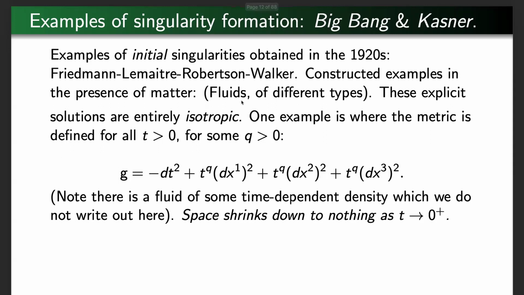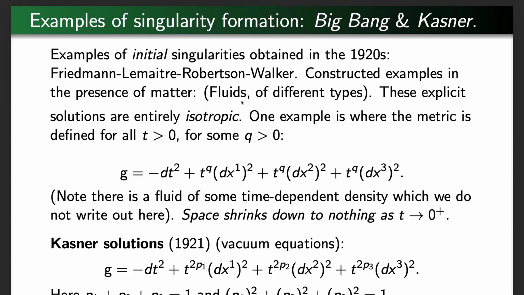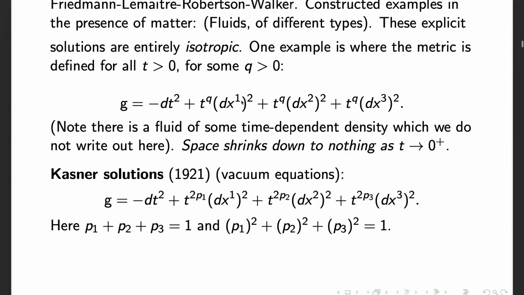A more involved solution is the Kasner solution from 1921, which is only in vacuum. Here there were fluids of different possible equations of state; here there's vacuum. And these are explicit solutions found by Kasner, which are of this super explicit form. So the metric is T^3 or R^3, whatever you prefer.